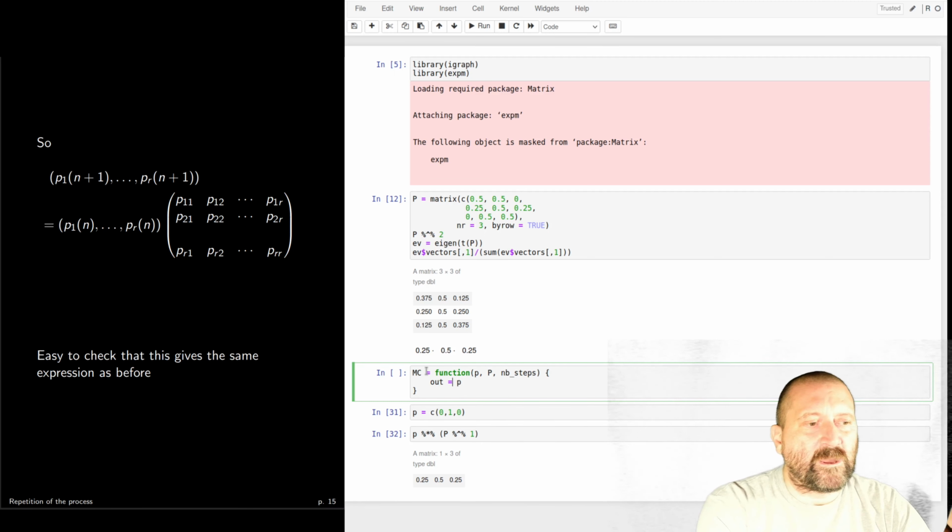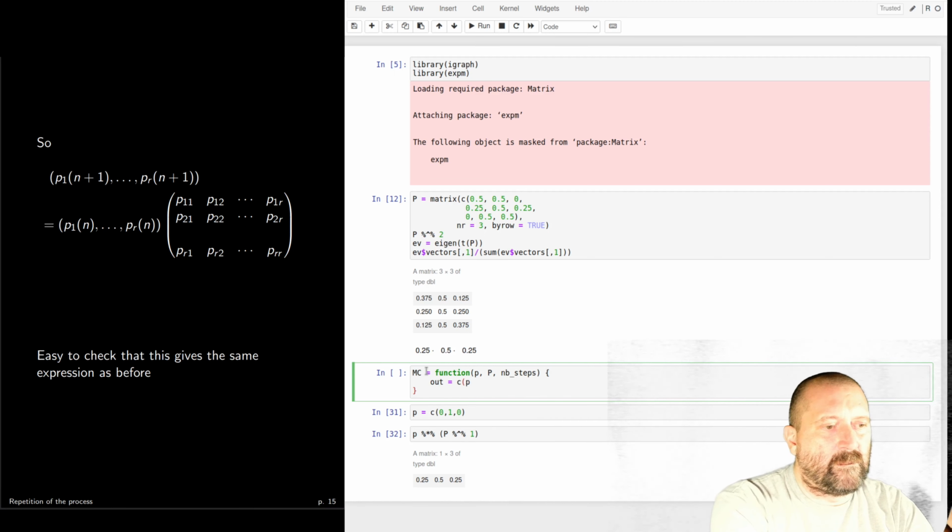Okay, and just for convenience, let's make out also include the number of steps, the step number.